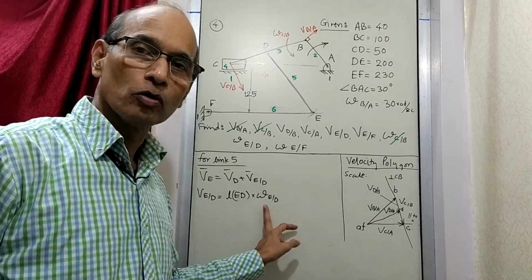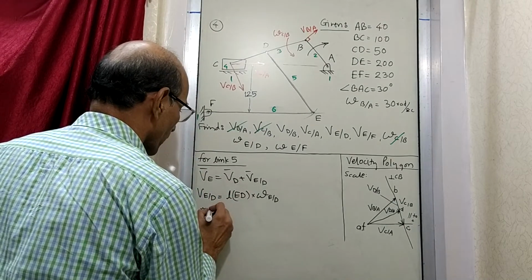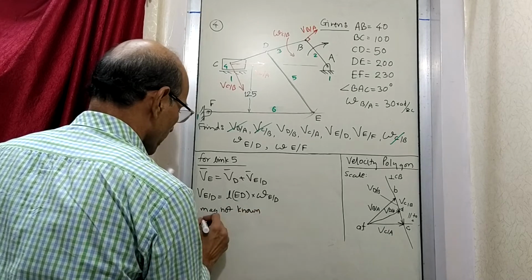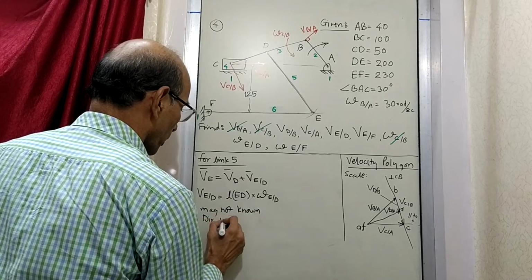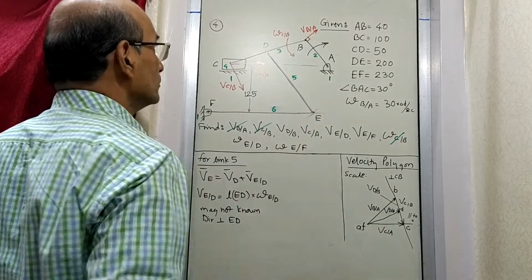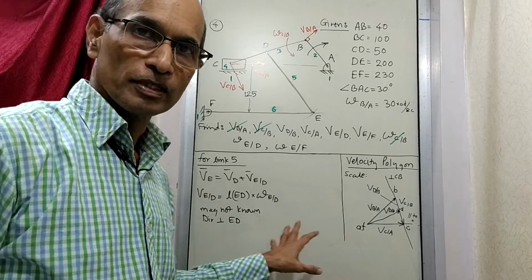But right now we don't know the angular velocity, so magnitude of this particular vector we don't know. But direction we know, perpendicular to the length, link ED, like this. Okay, so nothing more can be done beyond this point.